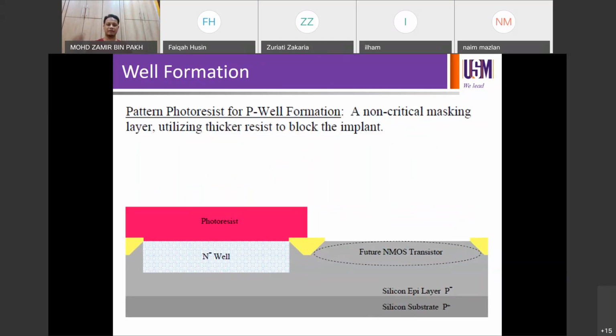We pattern on the left hand side to be able to implant the right hand side using opposite polarity. Okay, using opposite polarity. Sebab kiri PMOS transistor, kanan NMOS, right? So we pattern resist for P-well formation. Just now it was N-well on the left, now P-well on the right. A non-critical masking layer, utilizing thicker resist to block the implant. Same concept as the previous process.